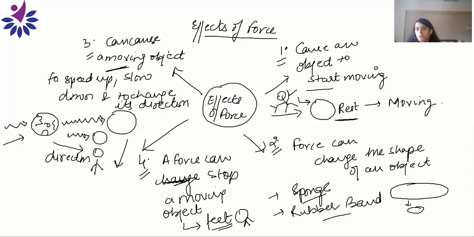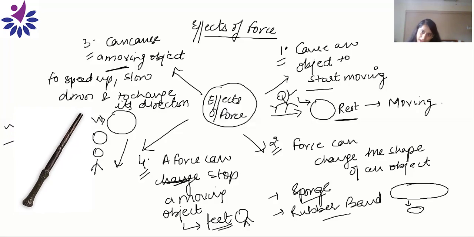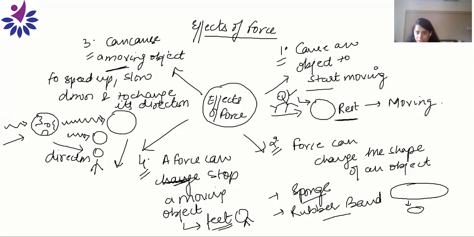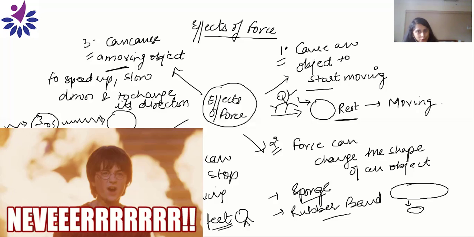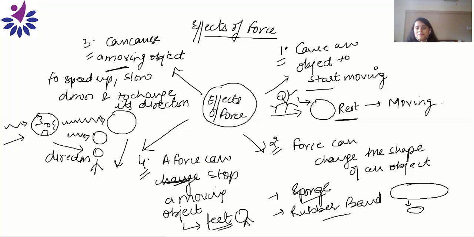No. If you are a WWE fighter, then definitely you can. But if you want to do it, can you? No, you cannot. So if you want to stop the train, well, you need to have a magic wand for that. But no, as you don't have, and you are nowhere near Harry Potter, you have not studied in Hogwarts, so can you do that? No, you cannot do that.